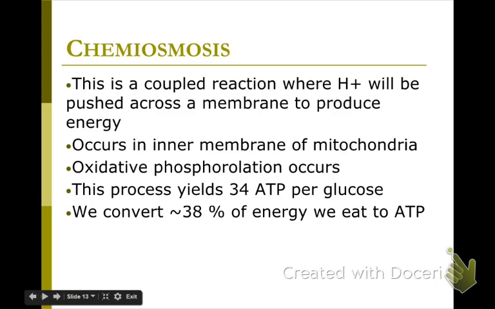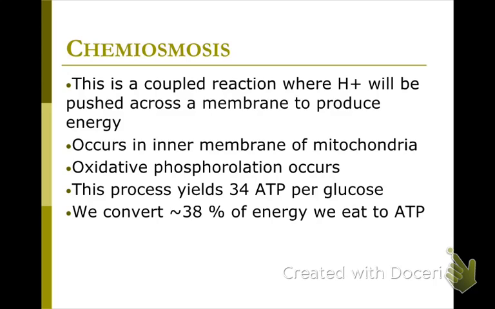This is coupled, meaning that as things are being used, they're being recreated. ATP is being used, forms ADP, and it's being reused and forms ATP. Okay, it does produce between 34 to 36 ATP, and it's not very highly efficient though.